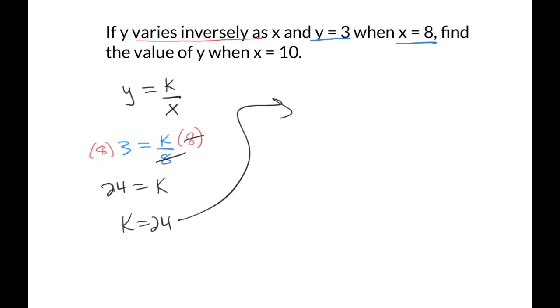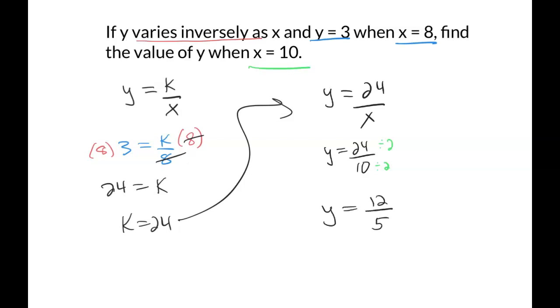That means my equation is y equals 24 divided by x. Now I'm told to put 10 in for x. So I get y equals 24 over 10. The best you can do here is simplify. I divide the top and the bottom by 2, and my final answer is y equals 12 over 5.